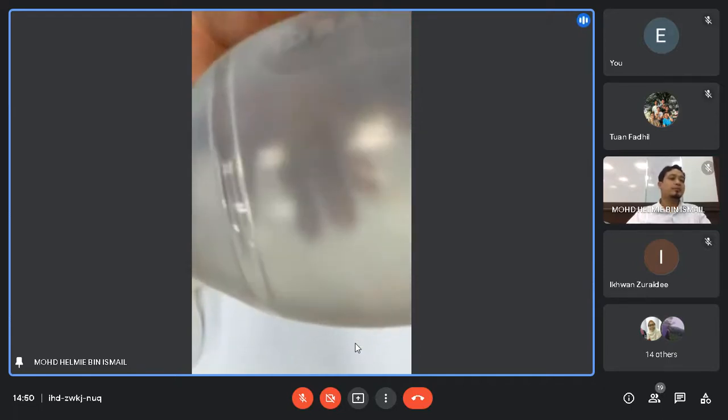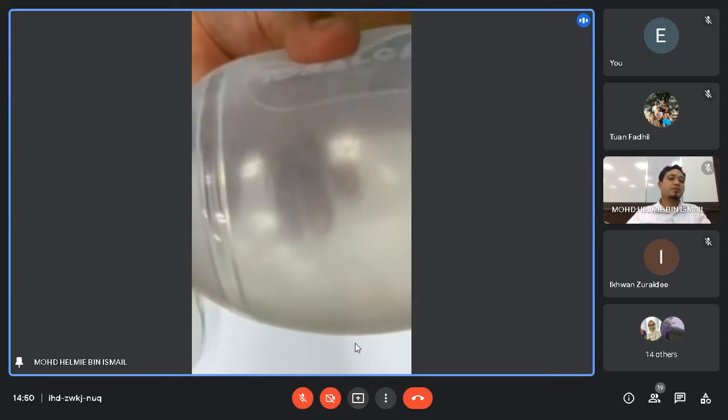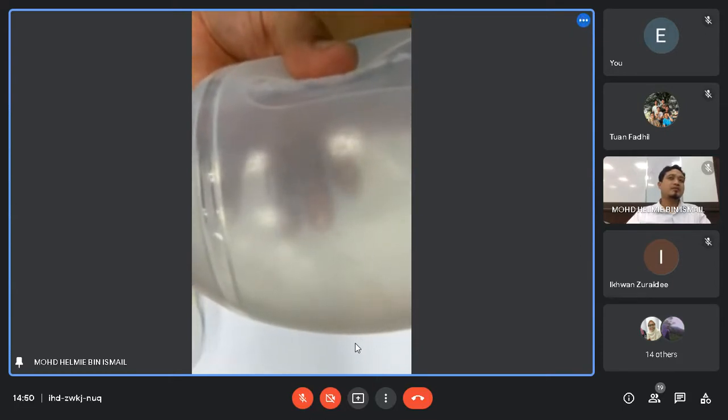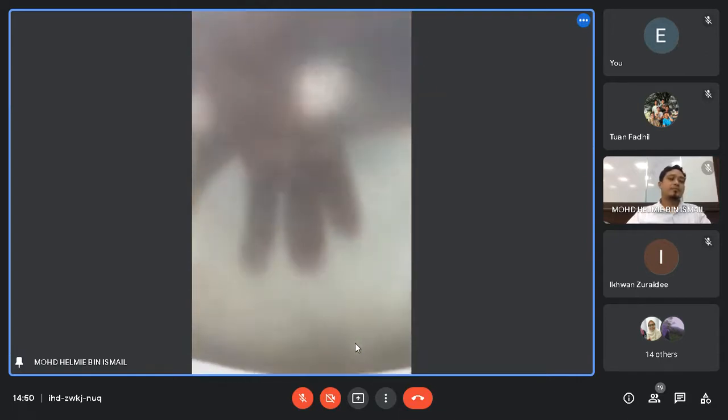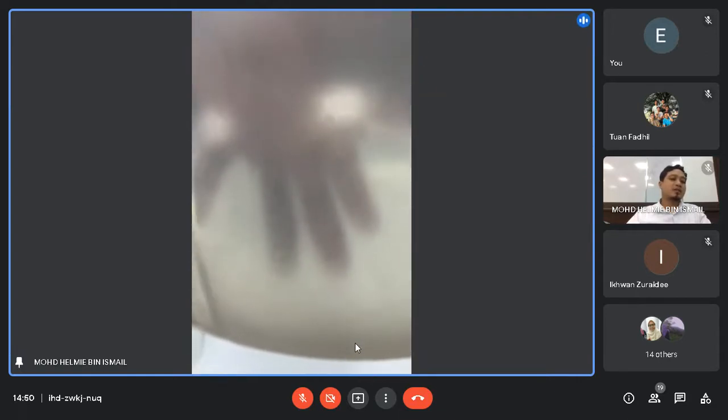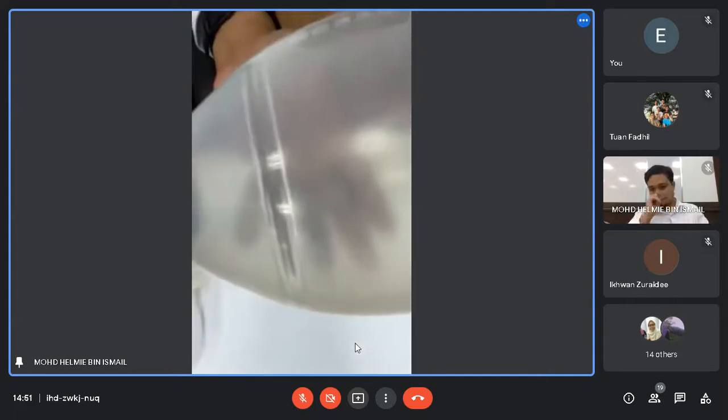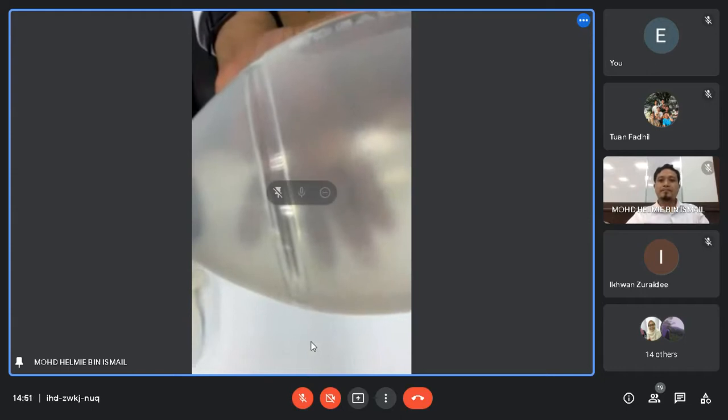Alright. What happen that when we give more than necessary? Kalau high tidal volume kali tu, ventilator kelas saya dah ajar dah.